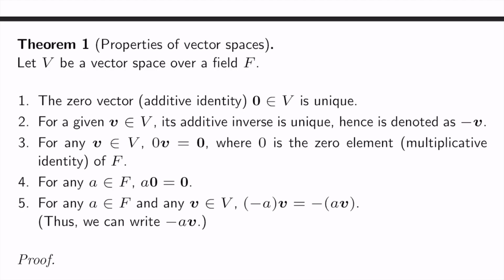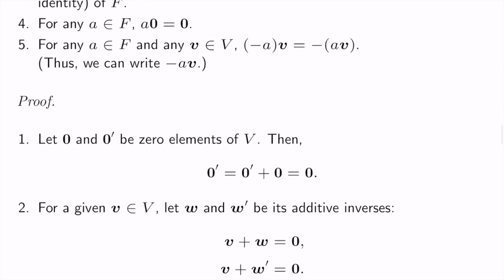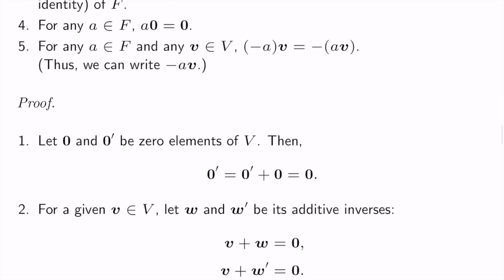Okay, so let's prove each of them. The first one is easy. Suppose we have two zero vectors, 0 and 0 prime. Then 0 prime is equal to 0 prime plus 0 because this 0 is the zero element, so adding that doesn't change this 0 prime.